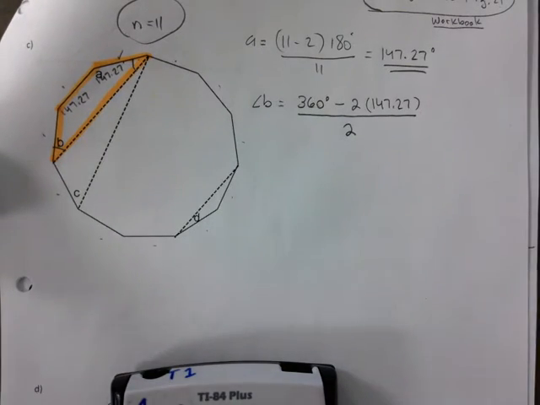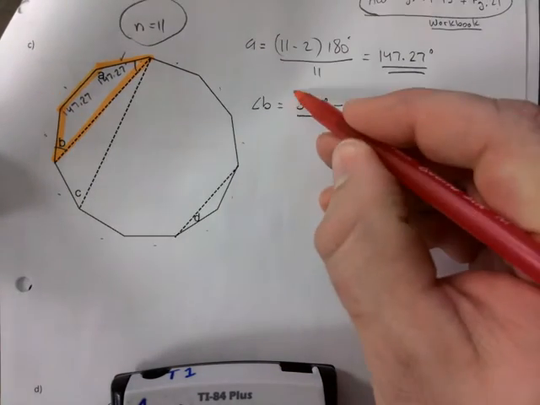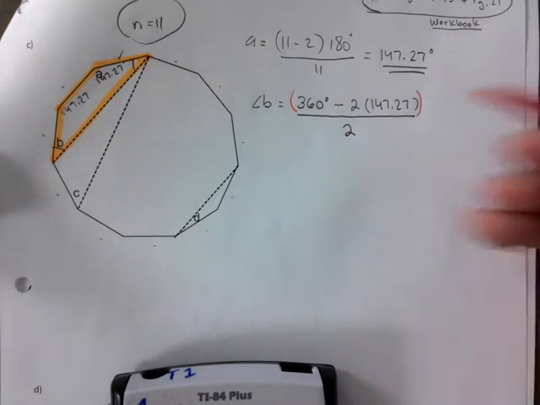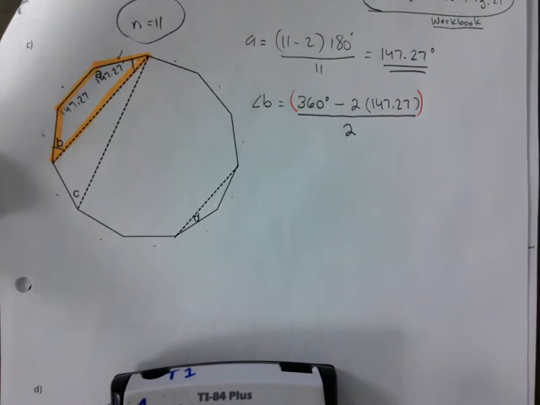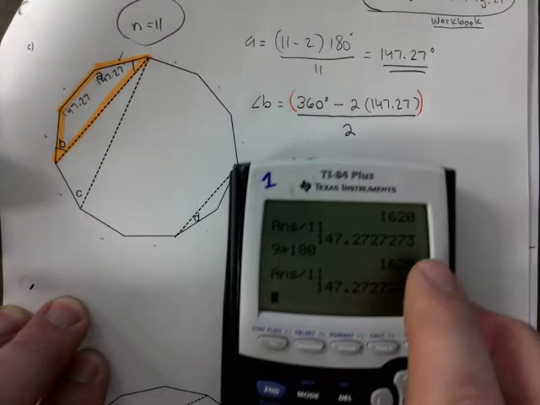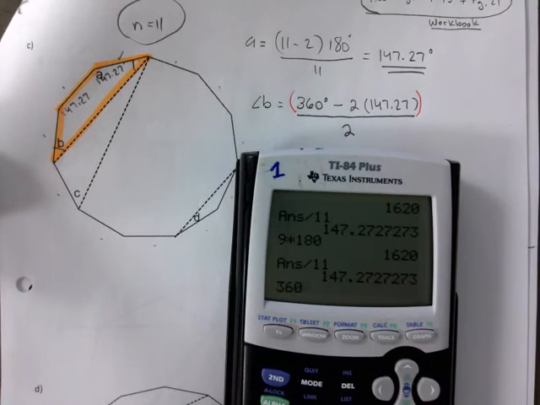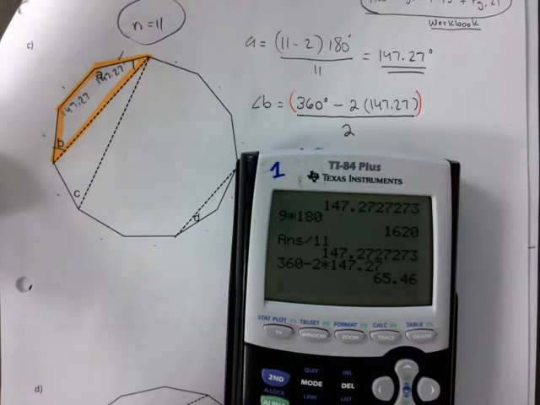Make sure the top is done first before you divide by 2. So 360 minus 2 times 147.27.